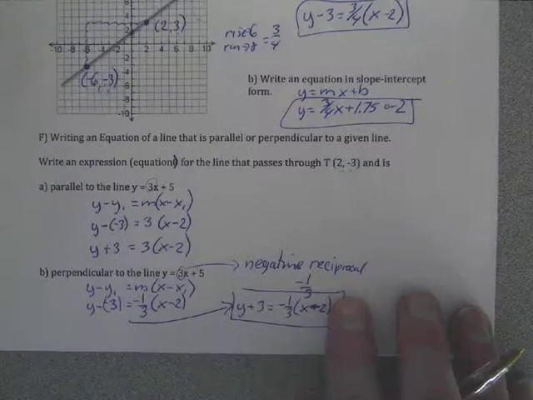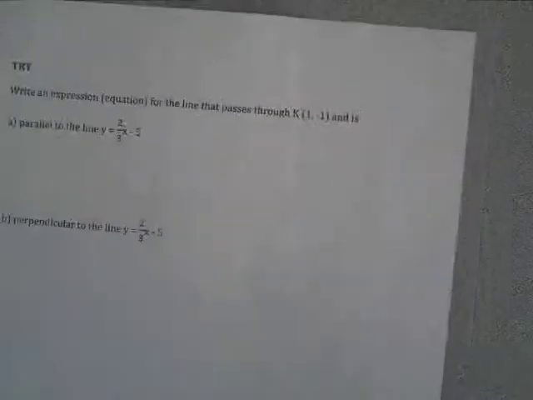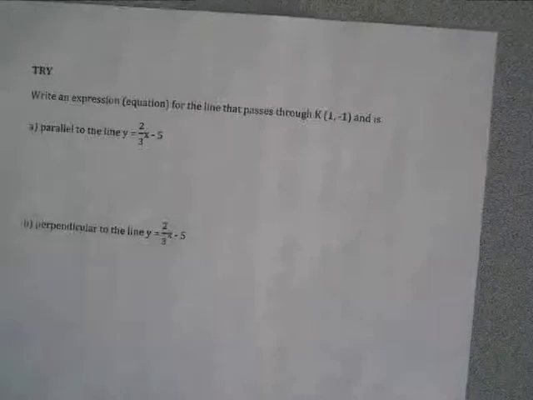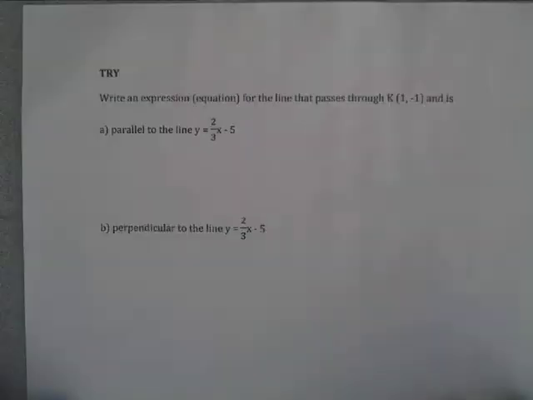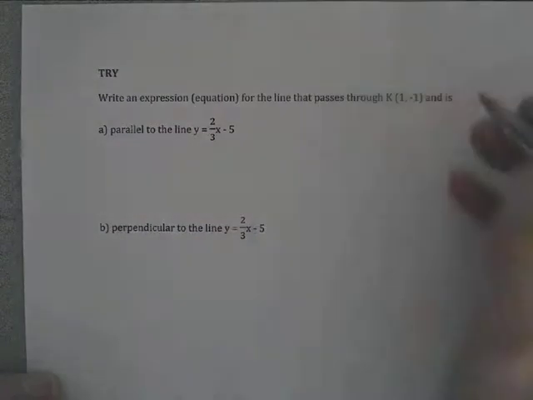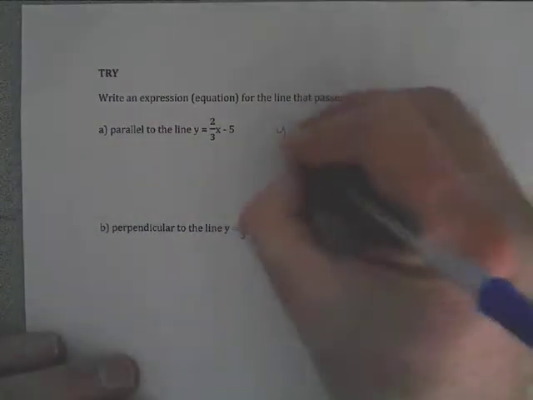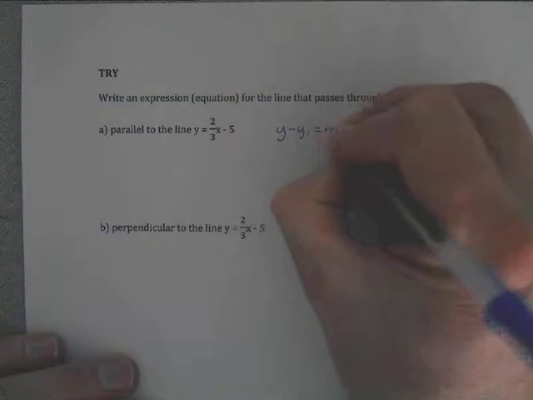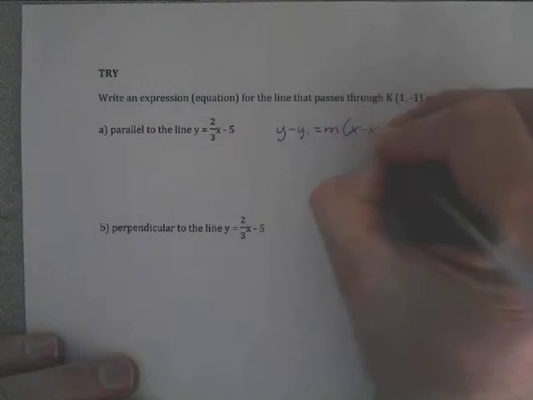So once again, on the back of this page, I'd like you to try this question and then check your answer with mine to make sure it's okay. So in this equation, once again, we're using y minus y1 is equal to m times x minus x1.